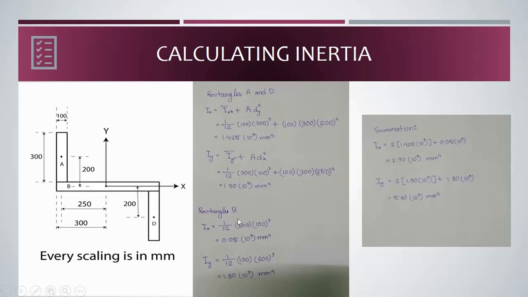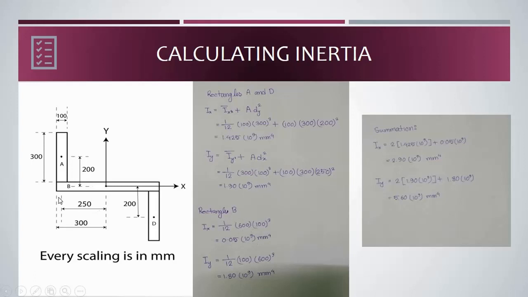Again, we will calculate for rectangle D. Why haven't we taken a d y square or d x square term here? Because this is the rectangle where the neutral axis exists, so we won't take this term here. We will take only the conventional method of deriving the moment of inertia for a rectangle, 1 by 12 b h cube.